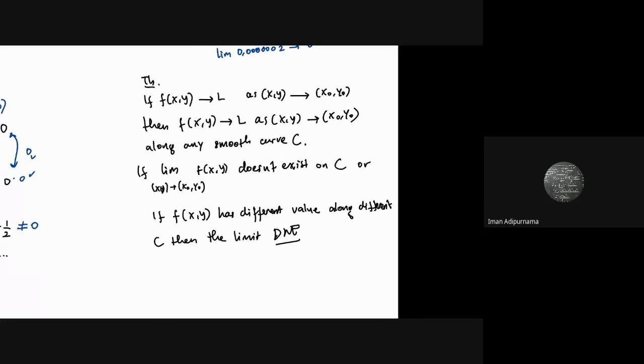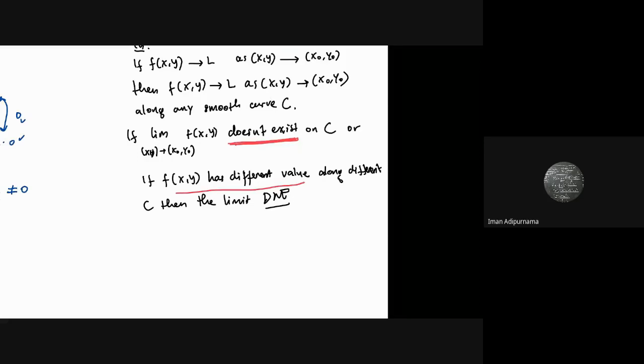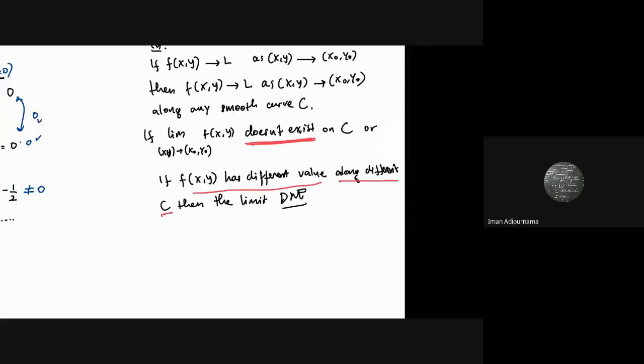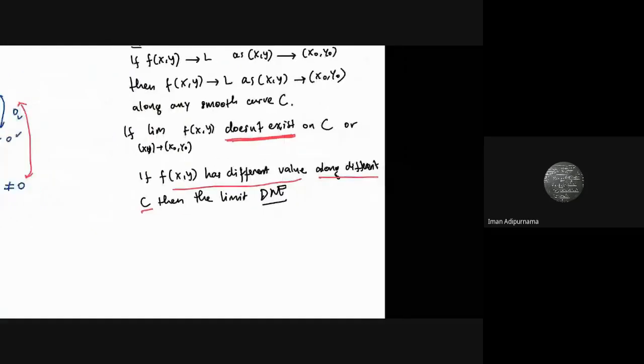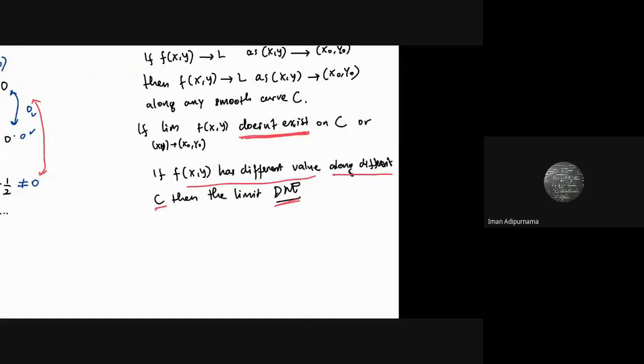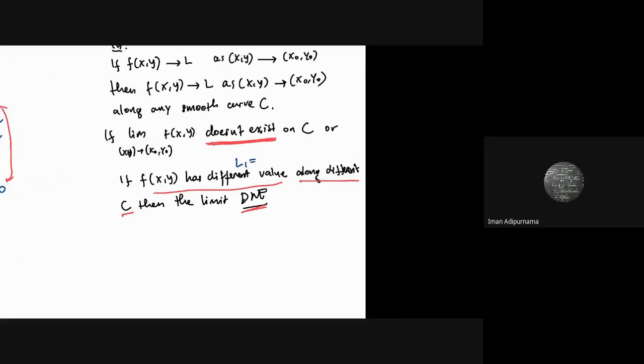So first, look here. If the limit of the function doesn't exist, or if the function has different values along different curves, this is what we have done here. It has different values, so we say the limit probably doesn't exist. We can say the different values L1 is not the same as L2.